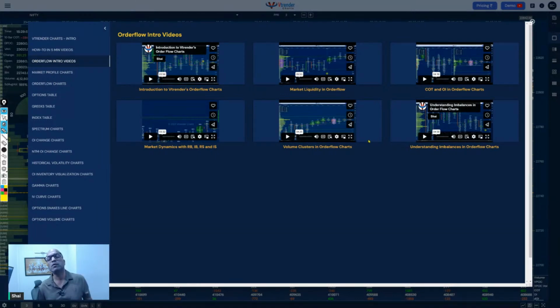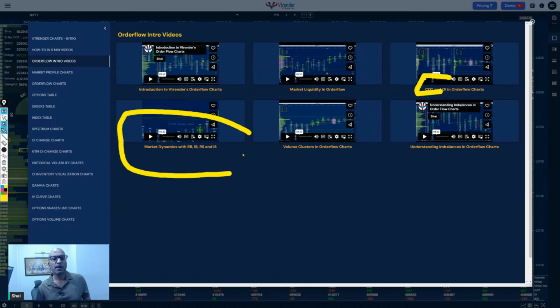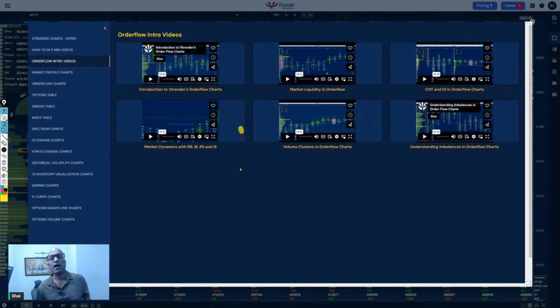So there are 5 things which make up an order flow chart. COT is one of them. The most important thing in my book is the presence of RB, IB, RS, and IS, right? Because initiative traders are the ones who move markets. There will always be responsive selling and responsive buying happening in the market, but you have to wait for the clear signal to come in from order flow that there is some initiative activity happening, right?